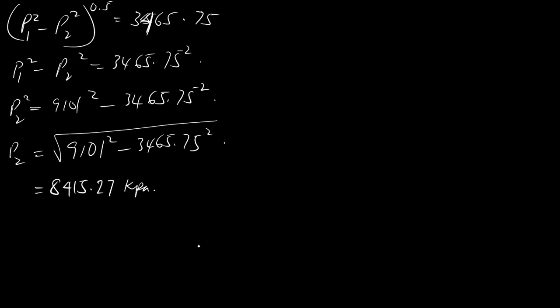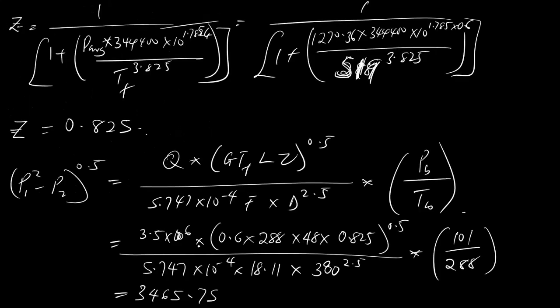If there is not much variation with this value here, 0.825, we know there will be not much variation with this, because if you look at this formula, there is a correlation.